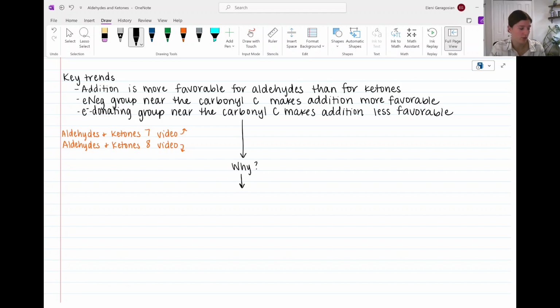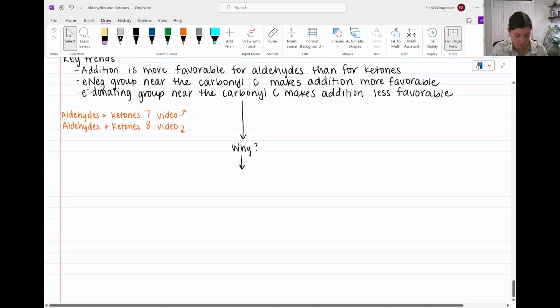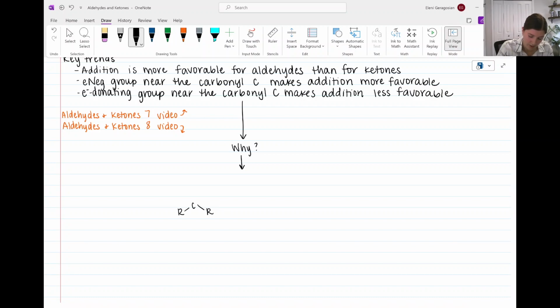So why is this the trend? We can look to resonance to understand. In general, for aldehydes and ketones, we'll use these general R groups. We have a carbonyl carbon, carbonyl oxygen, and we can draw a resonance structure to demonstrate the lack of electron density at the carbonyl carbon.